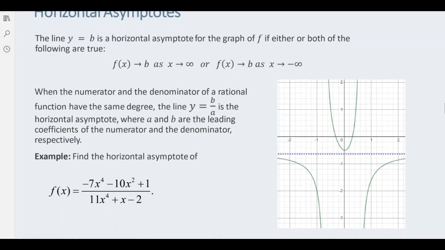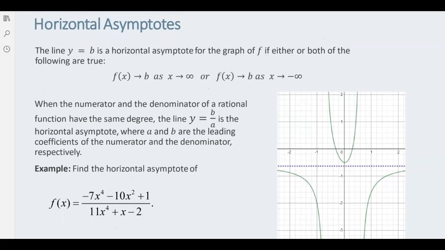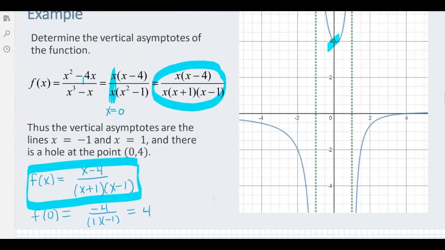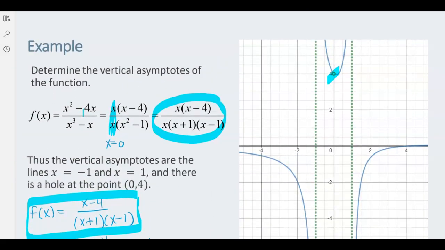This is the formal definition of asymptotes, but then there is behavior that happens as we move towards the asymptotes, right? In the example that we just had before, as the graph is approaching the asymptote x equals negative 1, this one here, I have two different things happening.